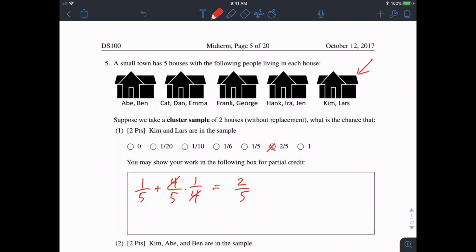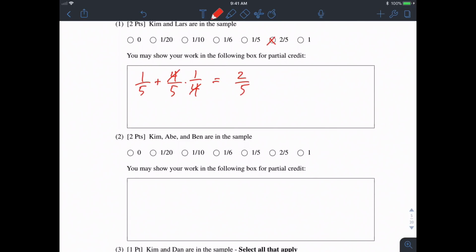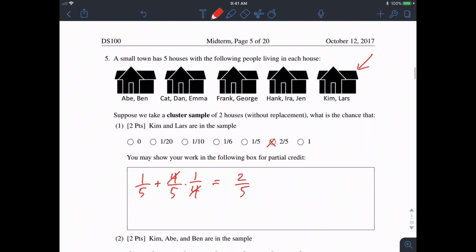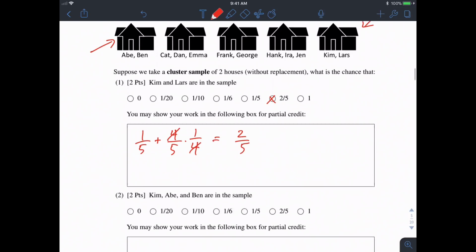Cool. Part 2 asks us to find the probability that Kim, Abe, and Ben are all in the sample. Looking at the houses again, Kim is in a house on her own, and Abe and Ben are in the first house. So this narrows down to the probability that we choose the first house and the fifth house.